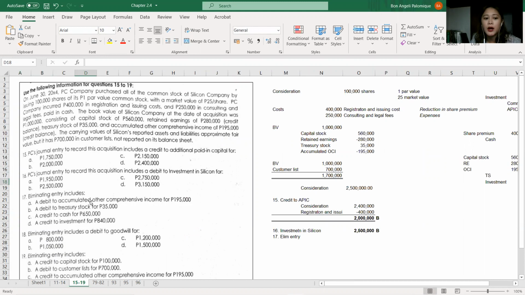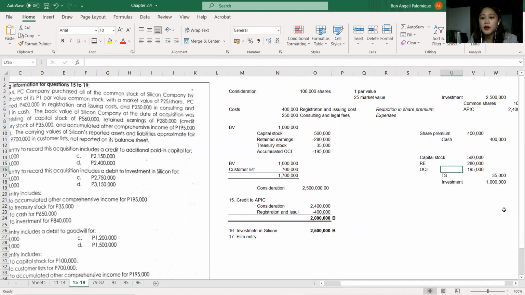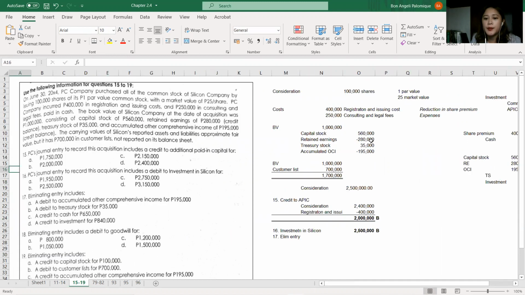A debit to accumulated OCI. So, titignan mo dito, alam mo na siya yung sagot kasi, oo, tama siya na yung elim entry ko may debit to OCI. Pero let's say hindi mo ginawa yung entry, dito ka lang nag-base. Makukuha mo pa rin siya kasi makikita mo, credit yung accum OCI dito. And ang elim entry number 1 natin is i-reverse yung buong equity natin, di ba? So, i-debit natin yung accumulated OCI. So, tama yung letter A.